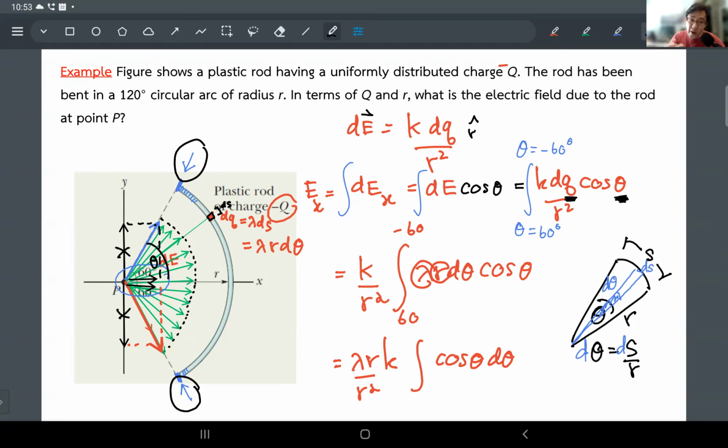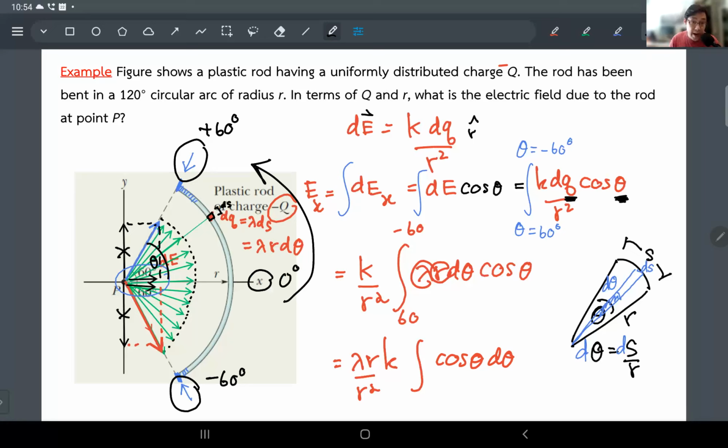But when you say lowest, does it mean lowest geometrically? Lowest meaning the lower end of the rod? No. Every time you talk about the angle, you go by the right-hand rule. Your angle is measured counterclockwise. That's why this is negative 60 degrees and this one is positive 60 degrees, because you go counterclockwise, and the x-axis is 0 degrees.